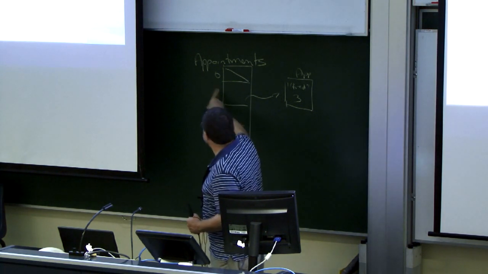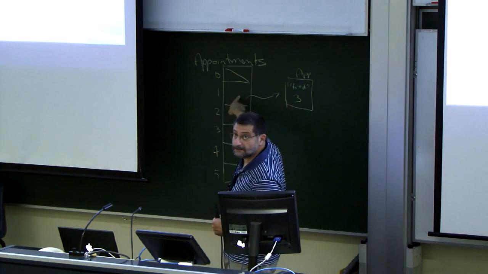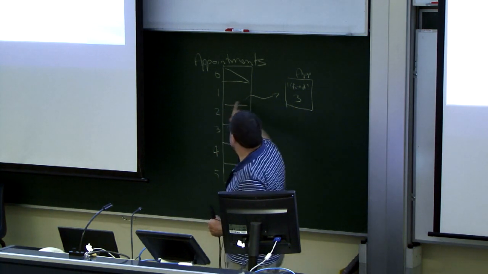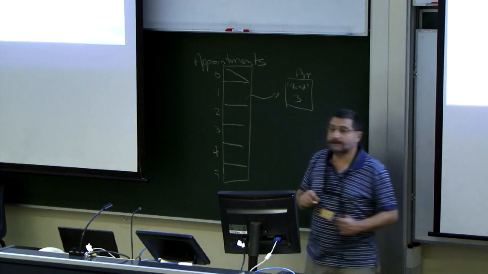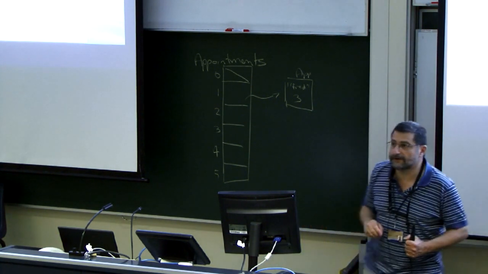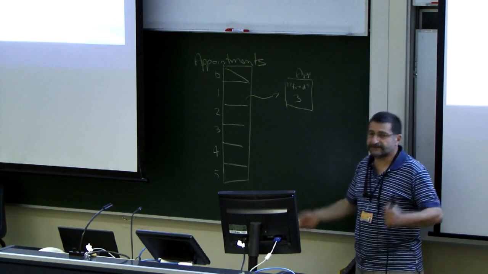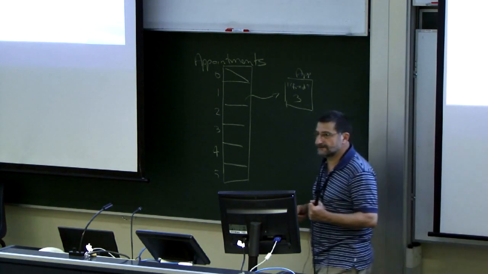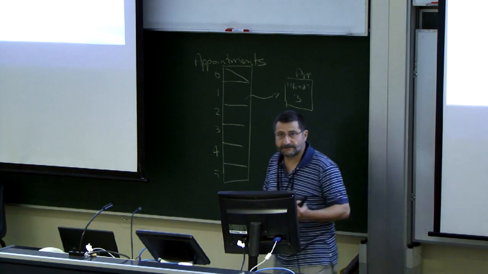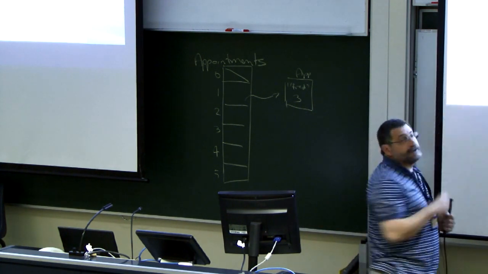If I do the test, appointments 1 equals null, is that true or false? Is there something in position 1 of my array? Yes. So is your test appointments 1 equals null true or false? False, right.